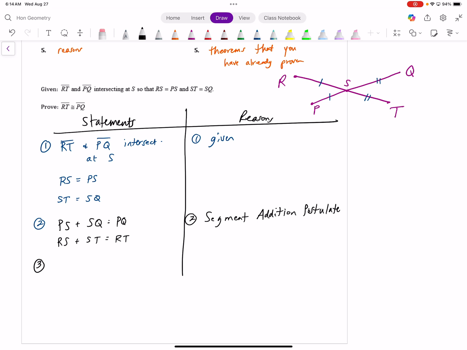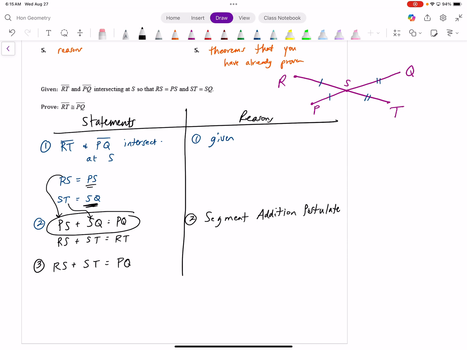So what can I do with that? Well, let's see. What if I take... Ooh, how about this? Okay, what if I take this one, and where PS is, I plug in RS, because it says up here that PS equals RS. And where SQ is, I plug in ST. So that would say that RS plus ST equals PQ.